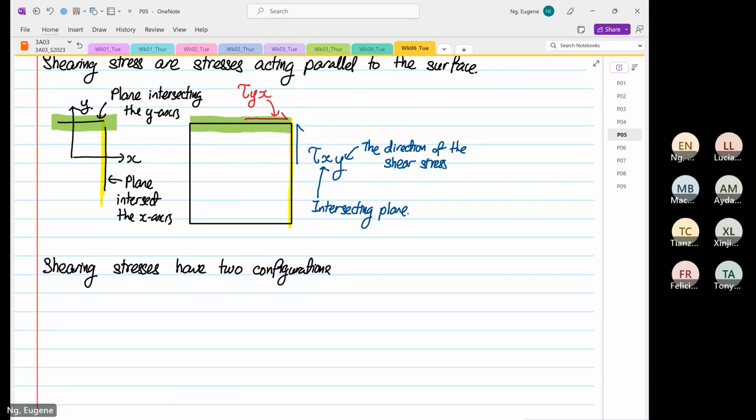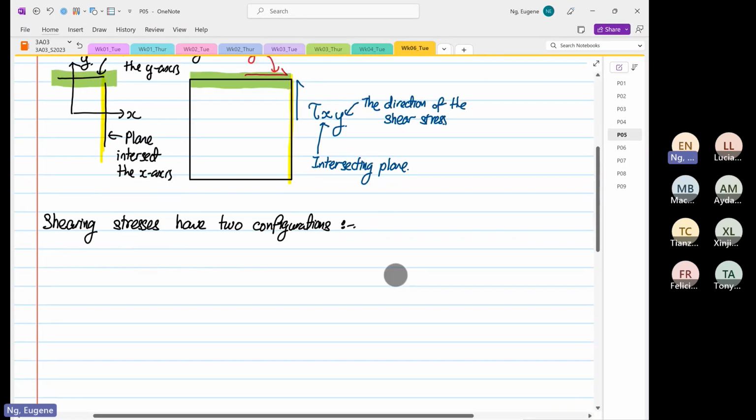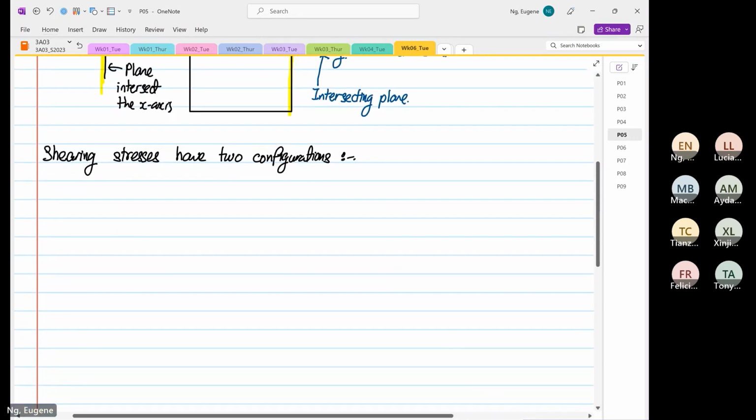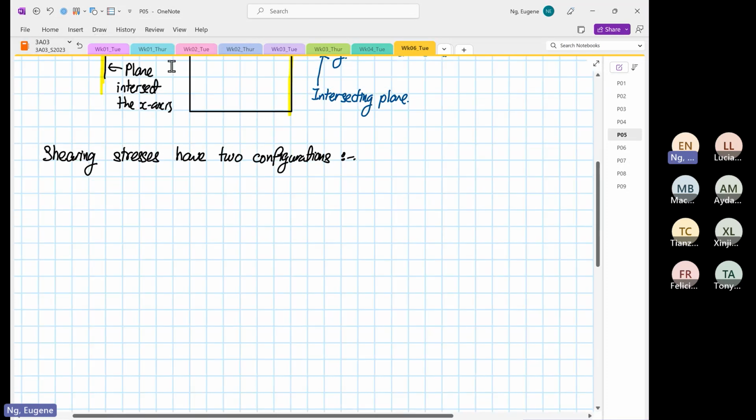Okay, so what are they? Okay, so we only have two configurations. The two configurations are as follows.